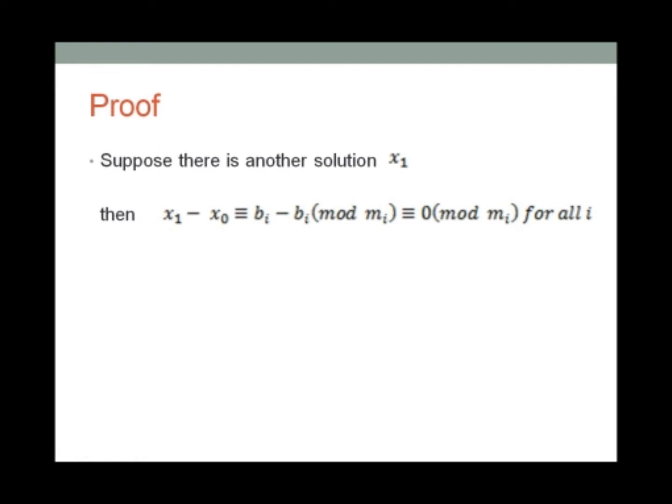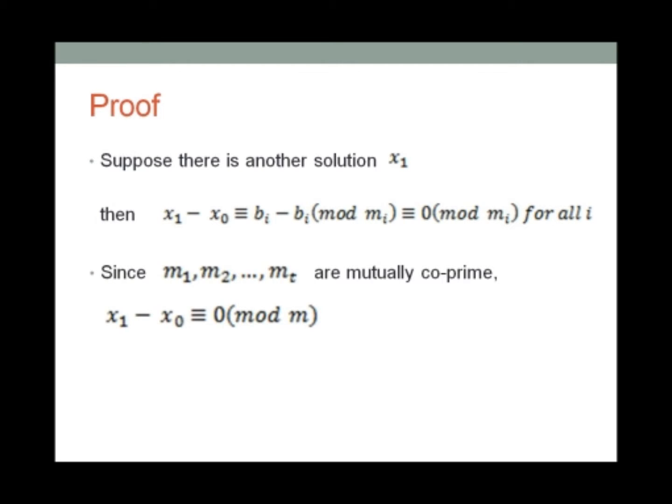Now let us move to the last part of the proof. Suppose x1 is another solution to the system. Then x1 and x0 will both be congruent to Bi mod Mi. x1 minus x0 will then be divisible by each Mi.